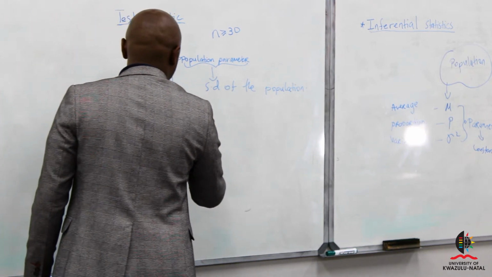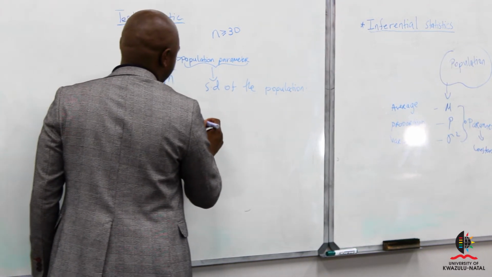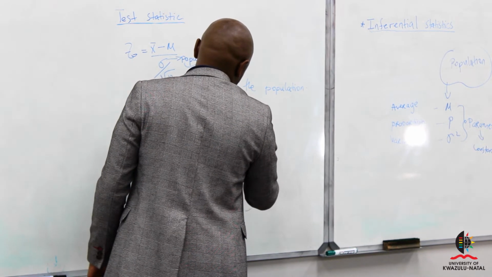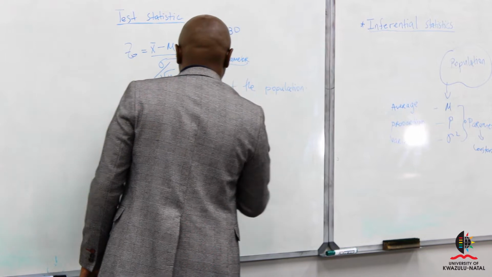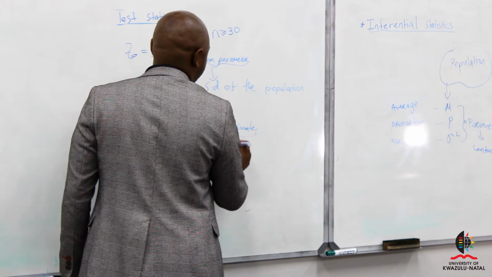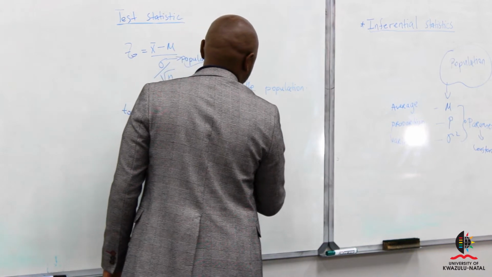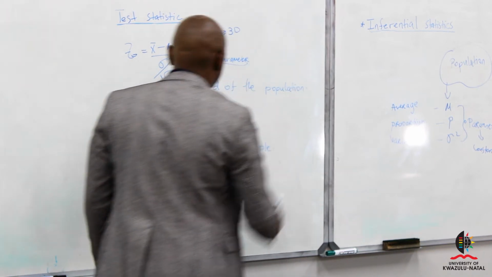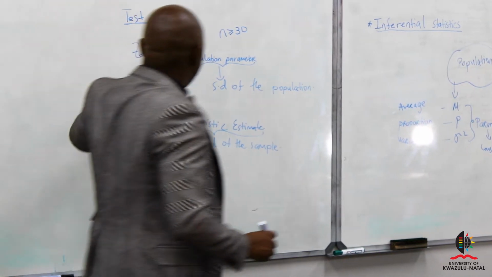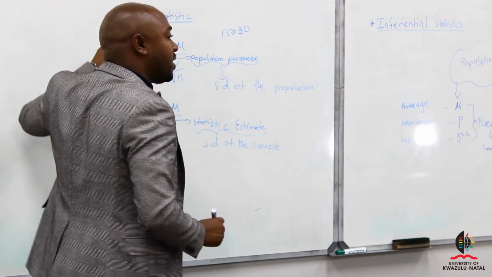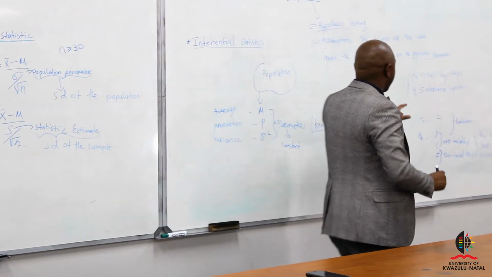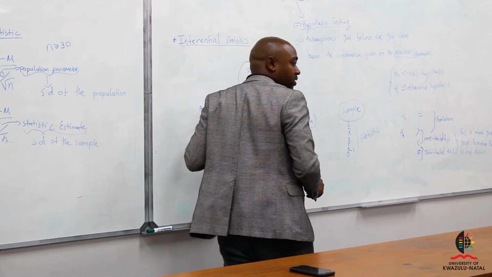So what is this? This is a statistic, an estimate. This is the standard deviation of the sample. So these two are the test statistics if your hypothesis test is based on average.